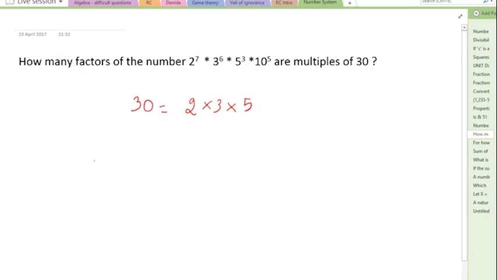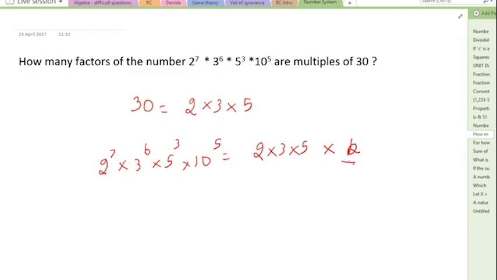So the number that you are looking for is 2 to the power 7 into 3 to the power 6 into 5 to the power 3 into 10 to the power 5, is equal to 2 into 3 into 5 into k. Okay. If you write it like this, and then you find k out, I'll explain this once it's done.